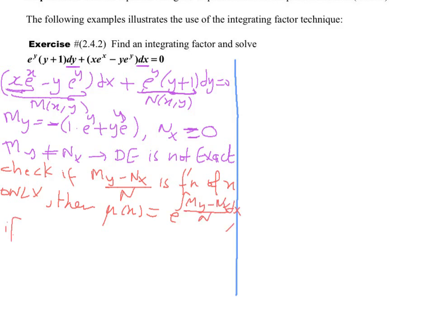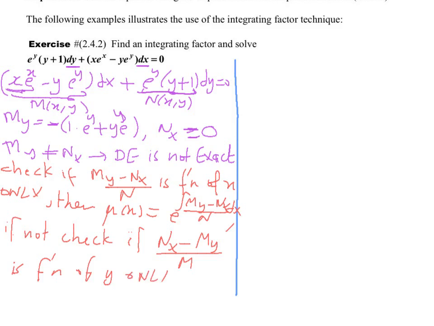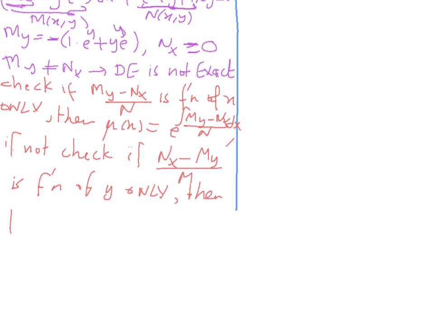If not, check if (Nx minus My) divided by M is a function of y only, then mu y is equal to e to the power of the integration of (Nx minus My) divided by M dy.